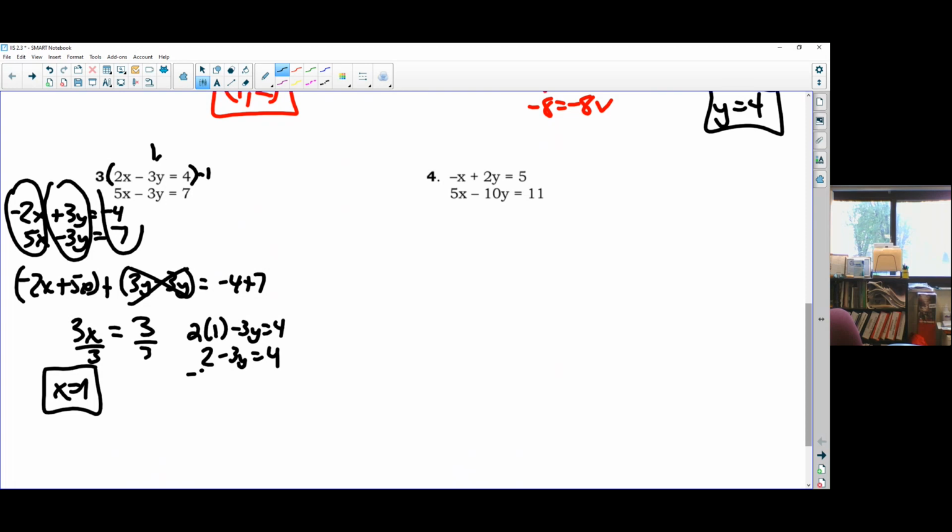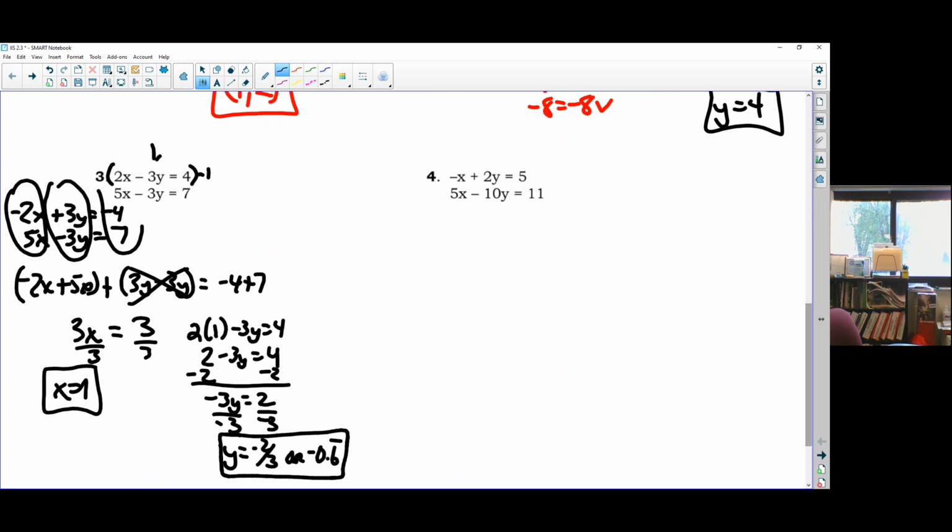When I subtract 2 from both sides, I get negative 3y equals positive 2, and when I divide by negative 3, y equals negative 2/3, or we can do it as a decimal, negative 0.6 repeating.